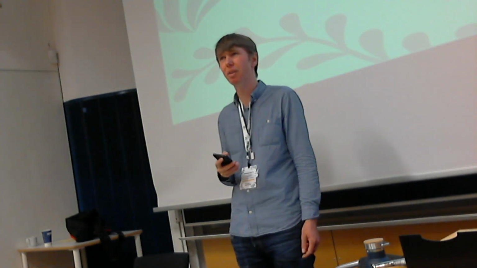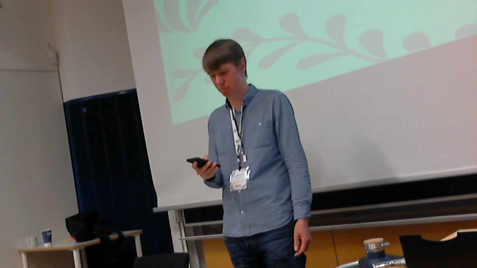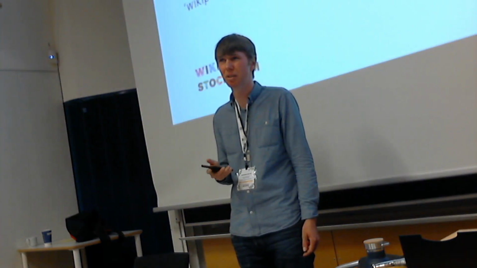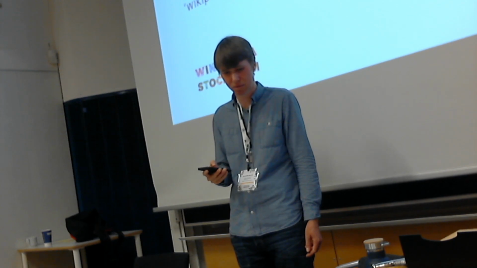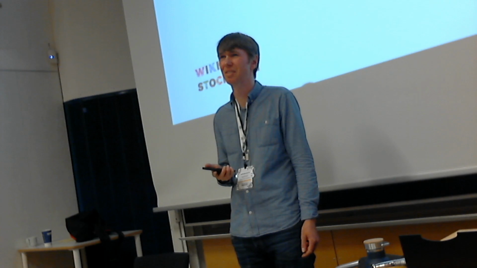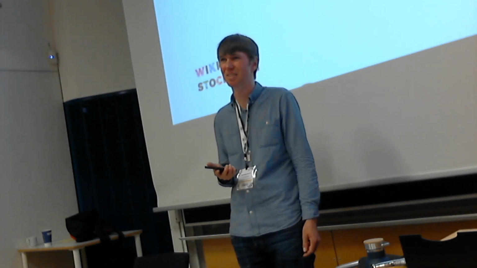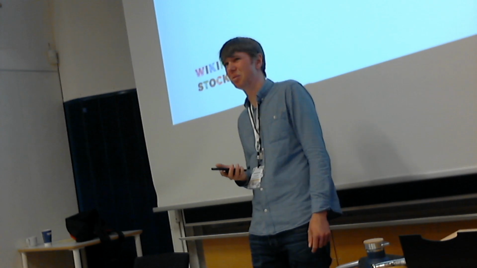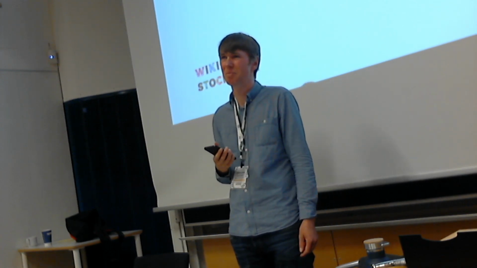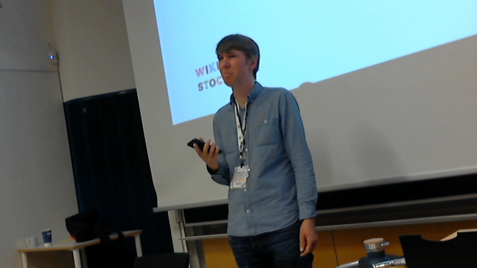Can I ask a question? Go for it. In the previous slide, you matched the Wikidata item Q number against a single node. Is that correct? Yes. Wouldn't it make more sense to actually have a pathway or relation there? Just the outline of the full Stockholm Central Station, rather than a point. Yes, you could.